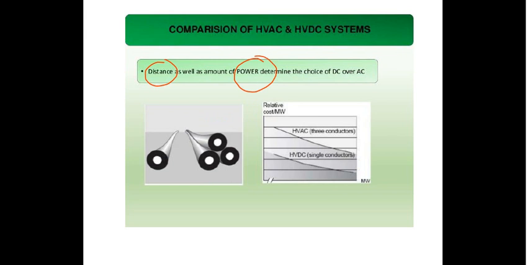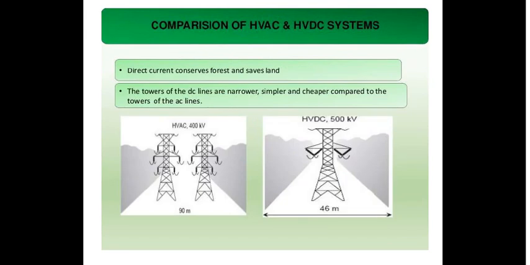Then, on the same grounds, let us see one more point of comparison. You can see here that direct current conserves forest and saves land. If you look at the two pictures of the corridors used for an HVAC system and an HVDC system, one is a 400 kilovolt HVAC, but a higher voltage system in HVDC.